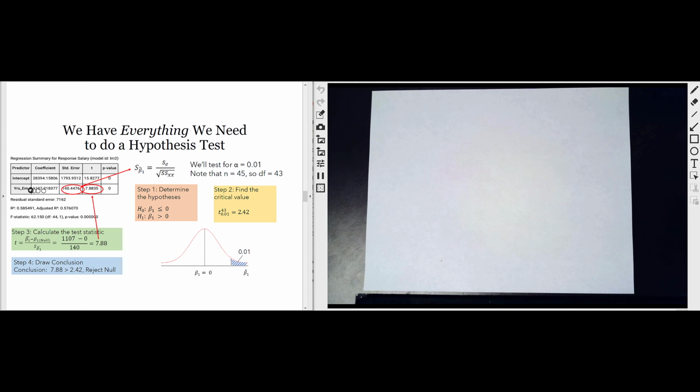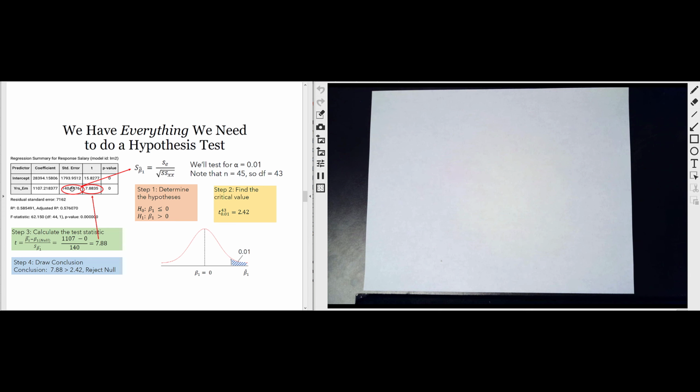We're only interested in the slope. And so the idea here is that with years of employment, our estimated slope is $1,107 per year of increased salary.